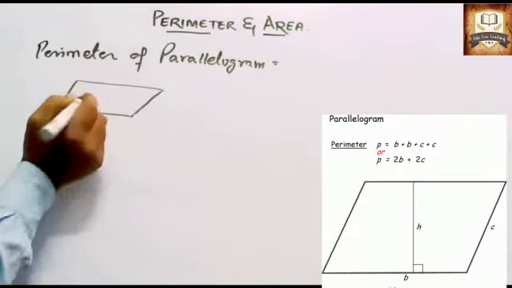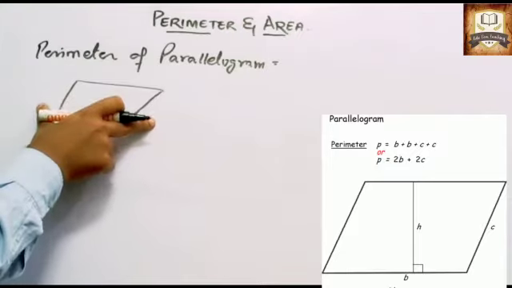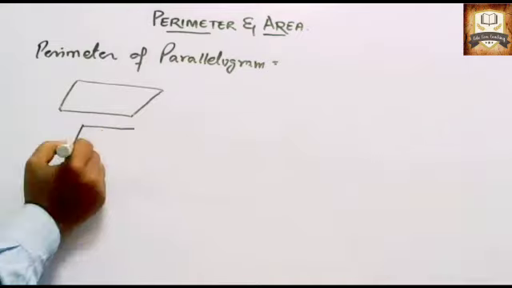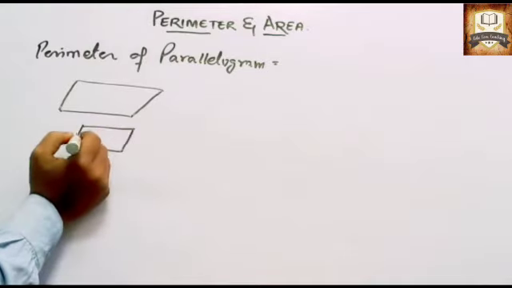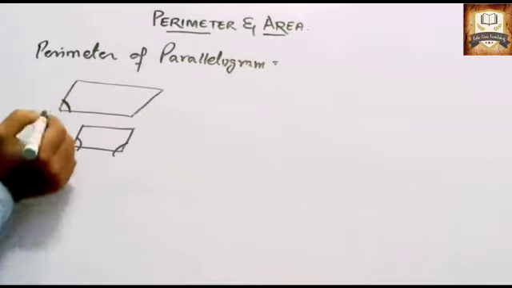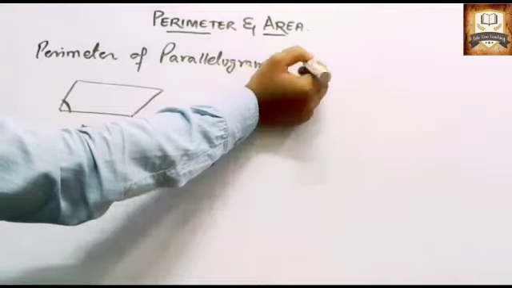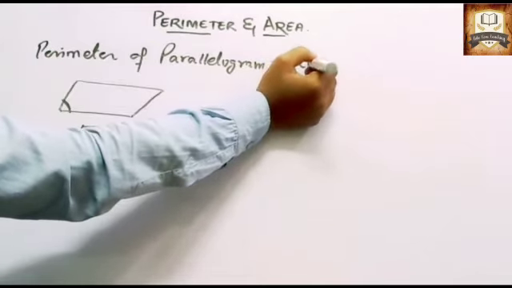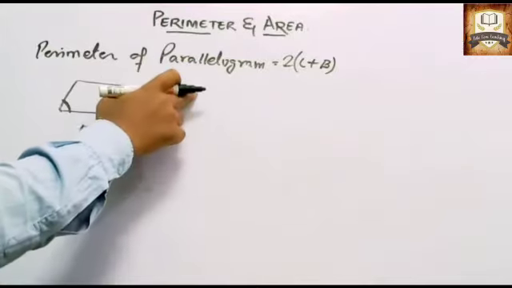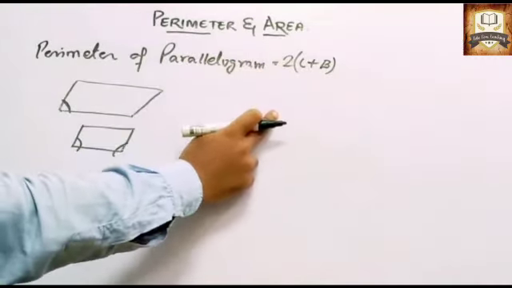This is exactly how a parallelogram looks. It also looks like a rectangle, but in a rectangle all the angles are 90 degrees, while here the angles are not 90 degrees. So the formula for the perimeter of a parallelogram is similar to that of a rectangle, that is 2 into length plus breadth.